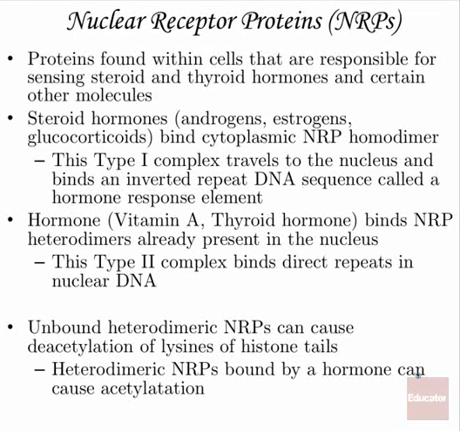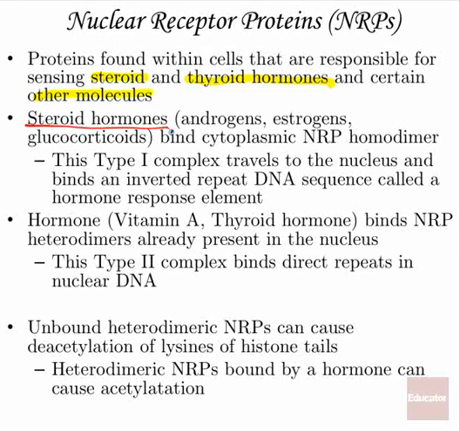So going on to a different type of transcriptional regulation, we have what are called nuclear receptor proteins. These are proteins found within cells that are responsible for sensing both steroid and thyroid hormones, as well as certain other molecules. First off, we have our steroid hormones. For example, our androgens and estrogens are sex hormones, and our glucocorticoids are involved in water retention.